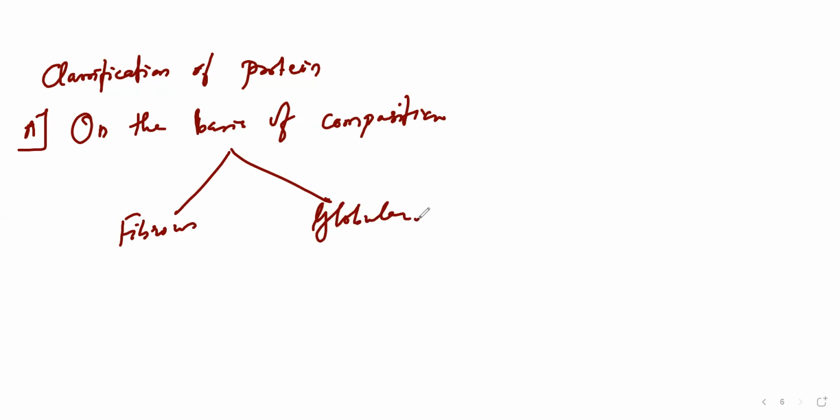So fibrous means whatever the protein chains are there, they will be parallel like this, and they are held together by two bonds, that is hydrogen and disulfide bonds.